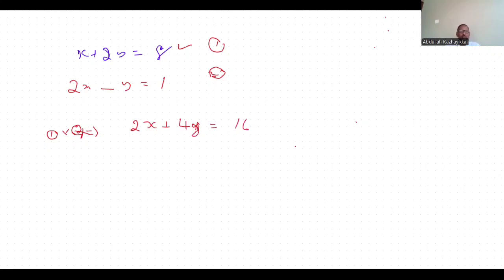Now we can do the second equation exactly the same way. We write 2x minus y is equal to 1. This is the second equation. There is no confusion. Now listen here.